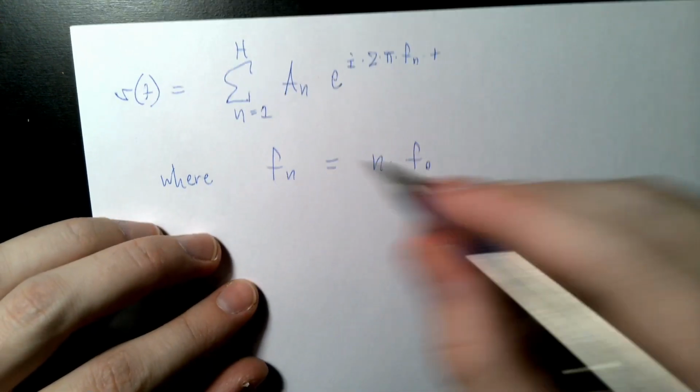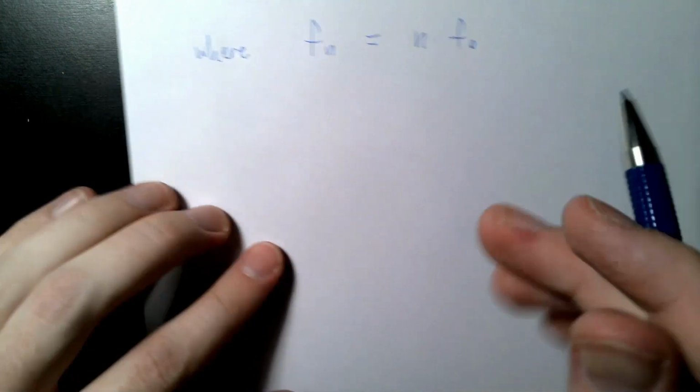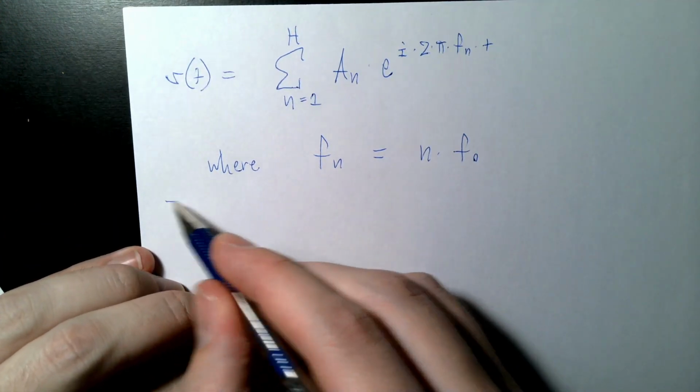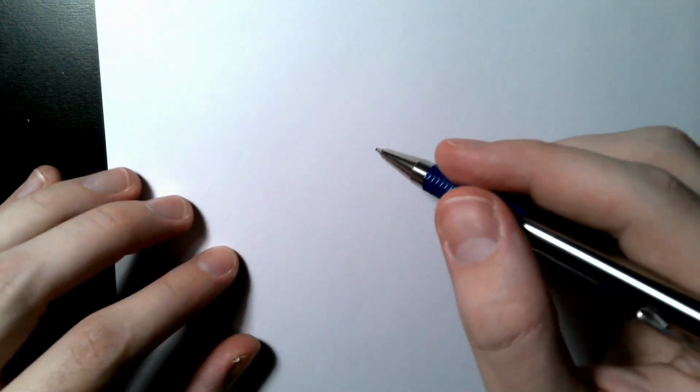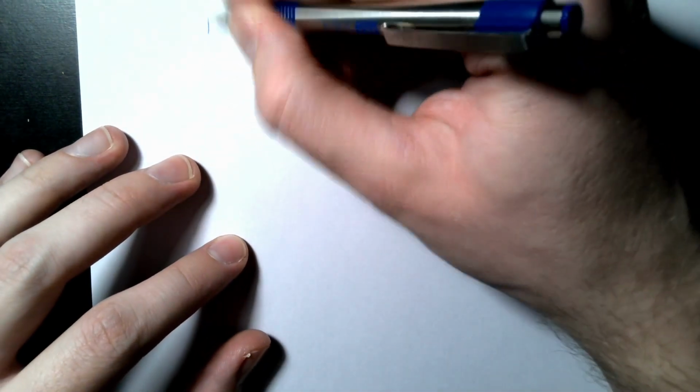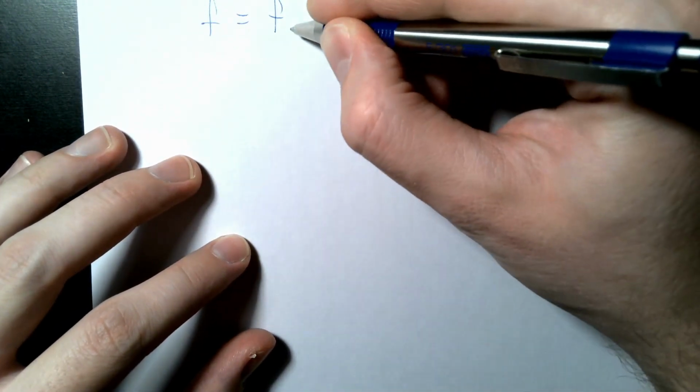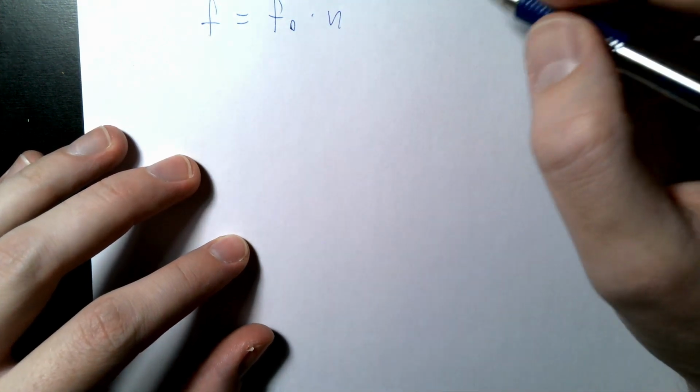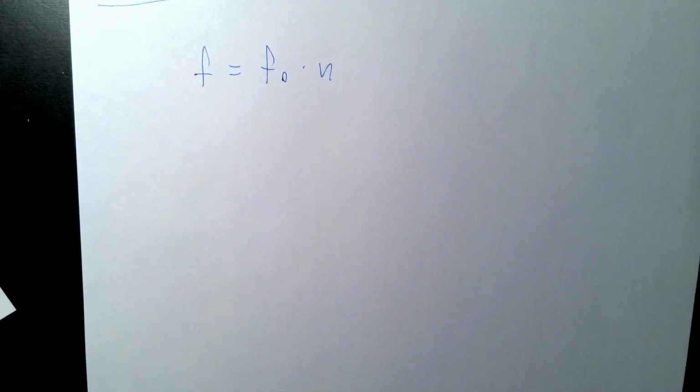So that is mathematical. If you'd rather not look at that, don't look at that. But basically the harmonics will be f equals f0 times n, or n times f0, whichever way you prefer to write it.